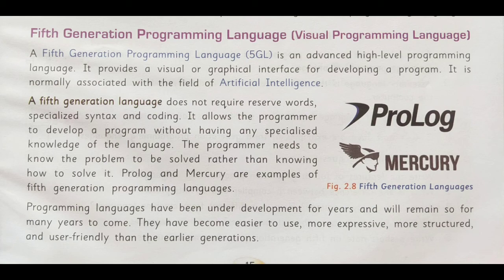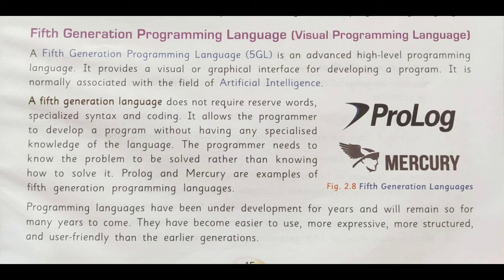It allows the programmer to develop a program without having any specialized knowledge of the language. The programmer needs to know the problem to be solved rather than knowing how to solve it. Prolog and Mercury are examples of fifth generation programming languages.